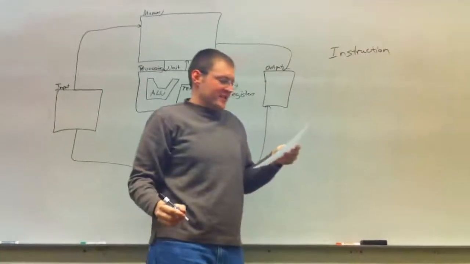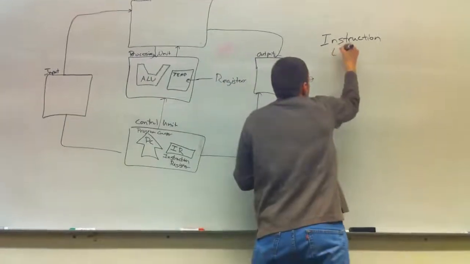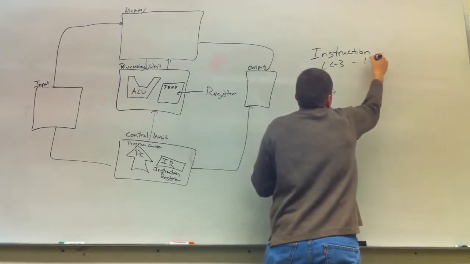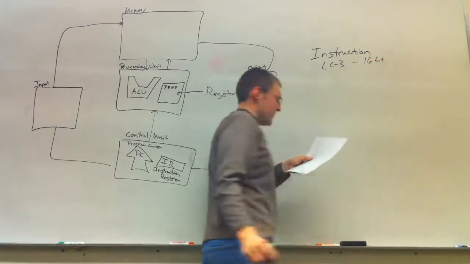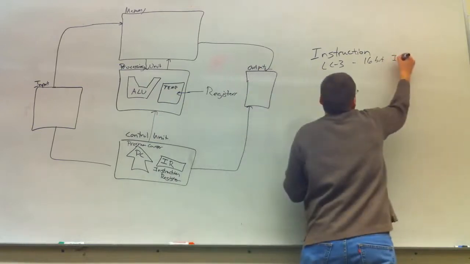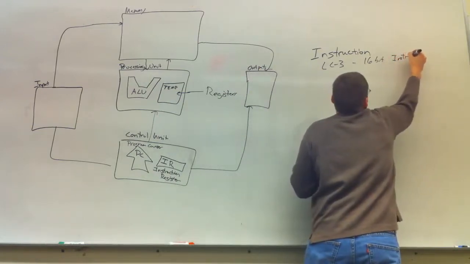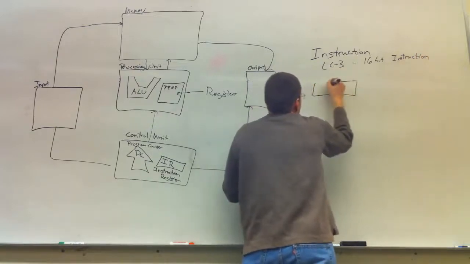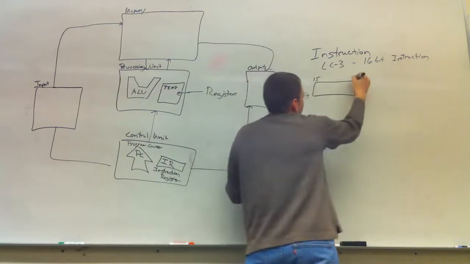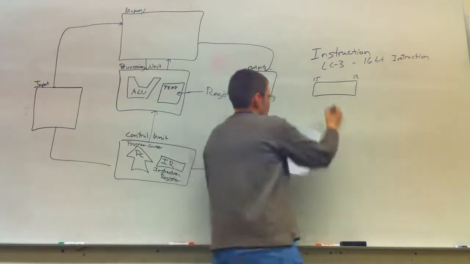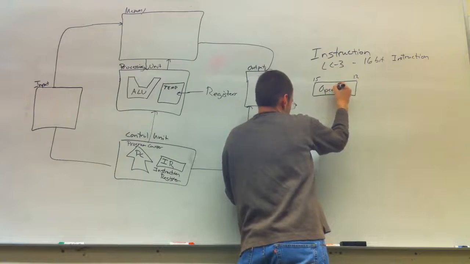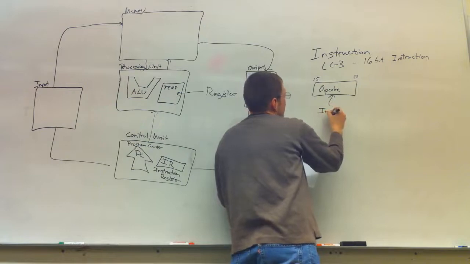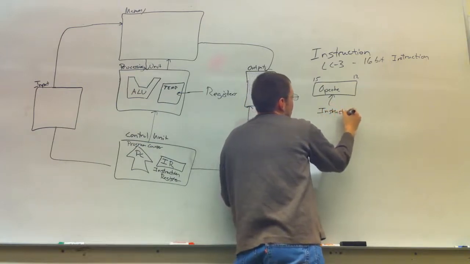We have what's called an instruction. Since we're using the LC3, we have 16-bit instructions. And so first, bits 15 through 12 are known as the opcode, or in probably better terms, you want to say this is actually the instruction or operation.